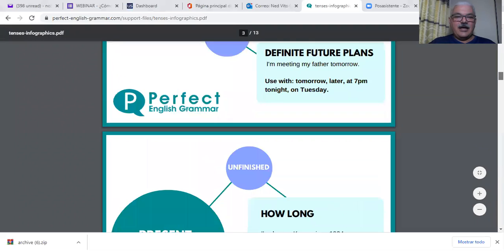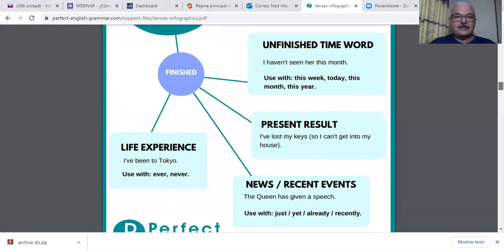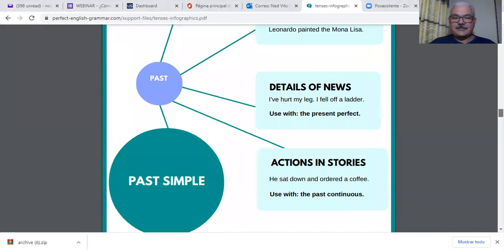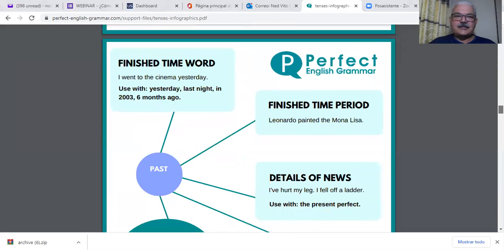All right. Let's see right now the different forms we have for the past. First, let us analyze when we use the past, what's going to happen. Then, in this case, we have to go directly to the simple past. Okay, when do we use this?